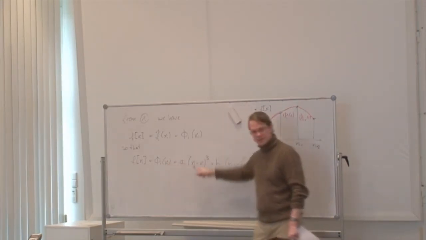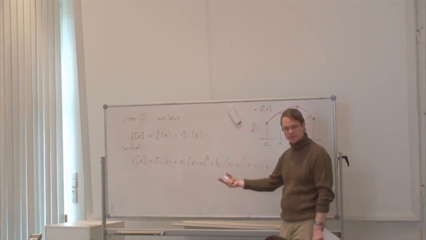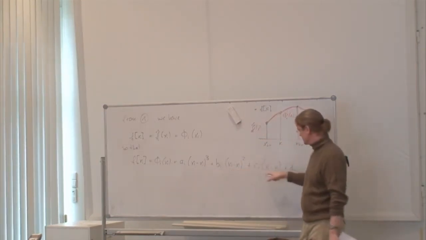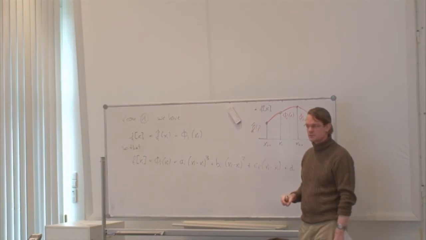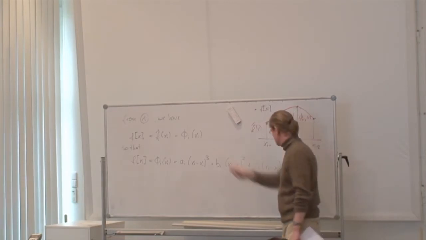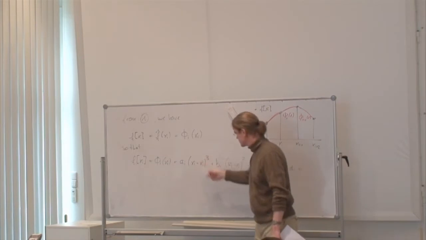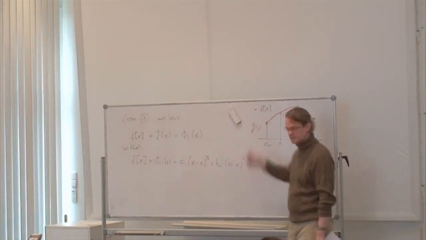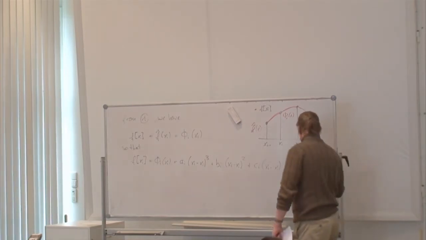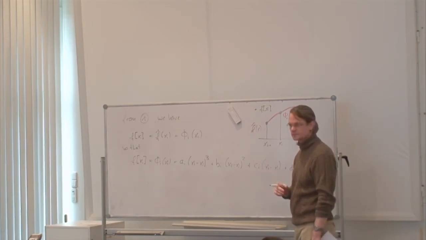Phi i of x was x minus xi, and now for the x we substitute xi. So we have lots of xi minus xi, but what does that mean? They're all zero, right? So all of this is 0 times something, which is 0. This is 0 times something is 0. This is 0 times something. Here is something that is not 0. So we have found the first parameter, di.